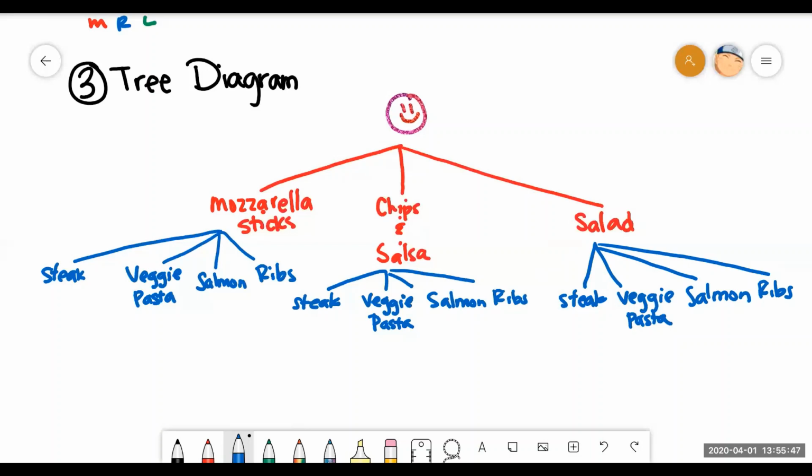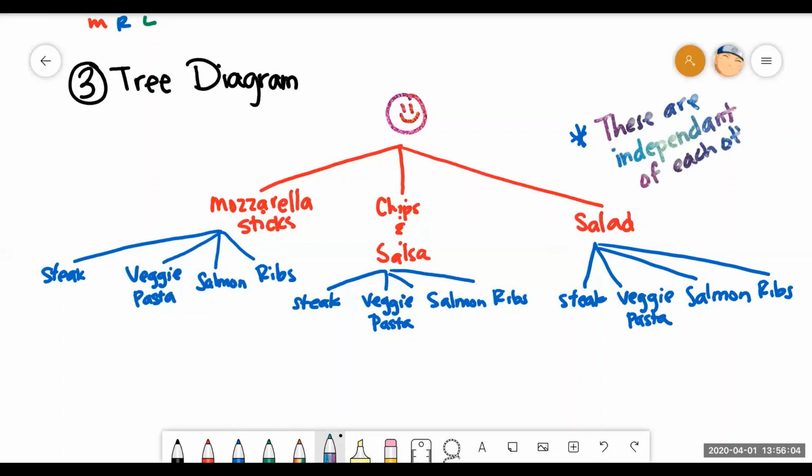So it's very important to note to yourself, these are independent of each other. And we'll talk about independence more later. Okay? The blue does not depend on the red. Okay, and finally that brings us to the green, which is also independent of the choices that were listed above, and that's our cheesecake lava cake.